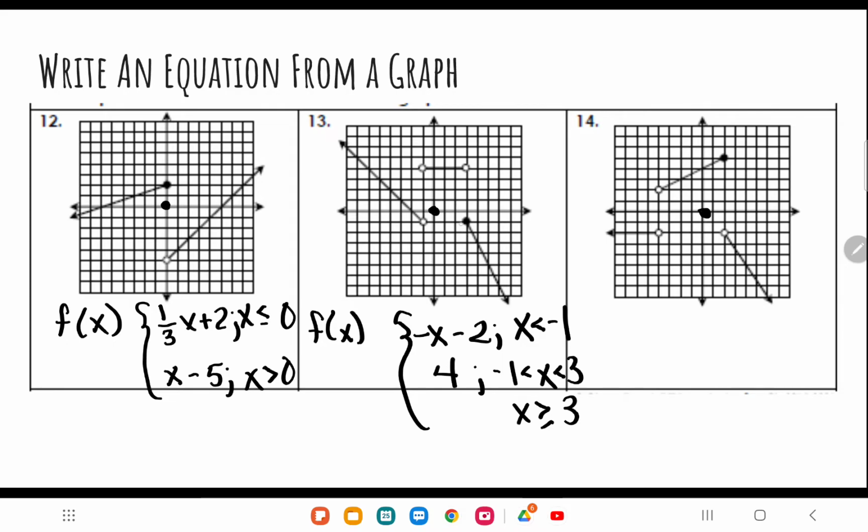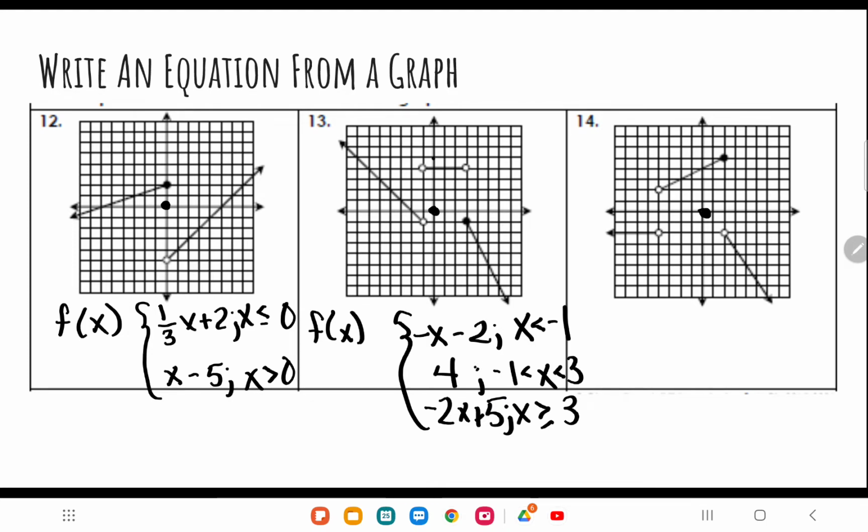And then finally, I have a line with a slope of -2, and if I were to continue this line, it would have a y-intercept of +5. So that is -2x plus 5 for my final piece.